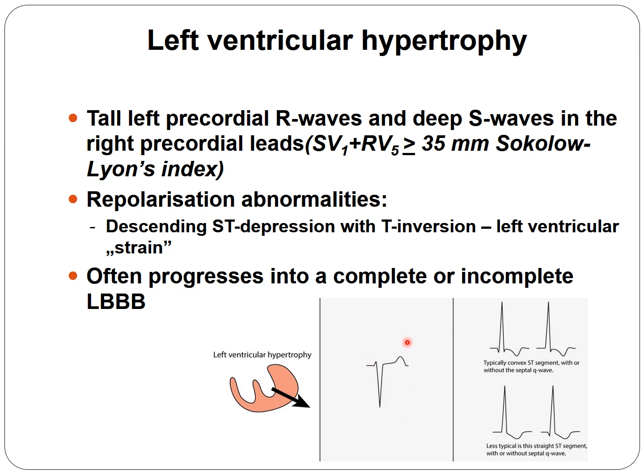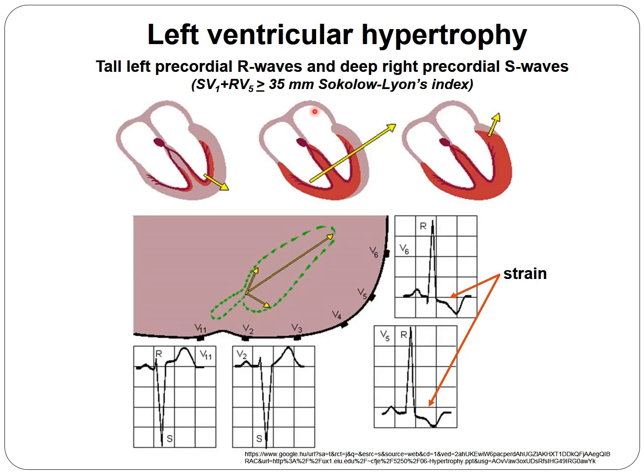So when we have left ventricular hypertrophy, in V1 we have an RS with a very deep S, and in V5, V6 we have a QR complex where the R is very tall. Similarly to the right one we discussed, we have a smaller initial wave, which is septal activation.